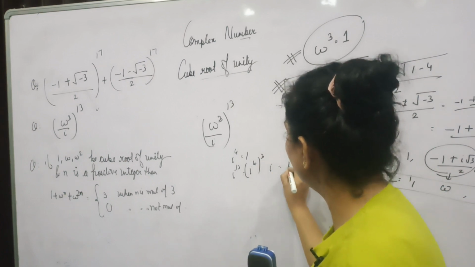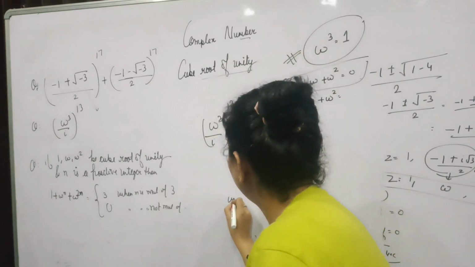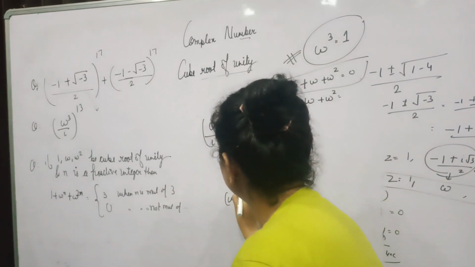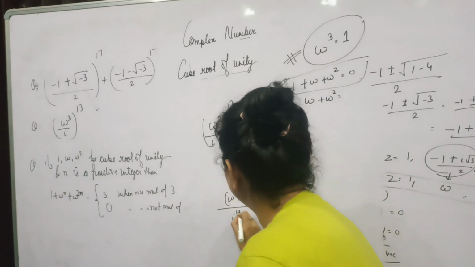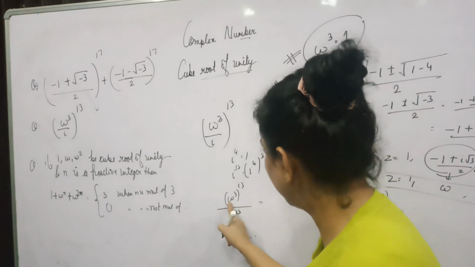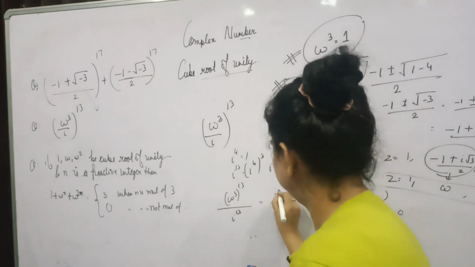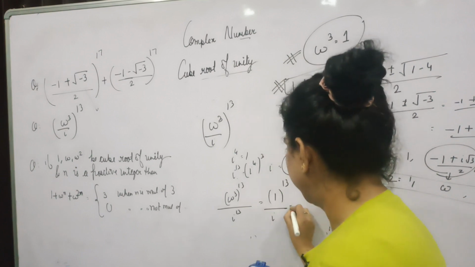This is equal to i. So we can write omega cube raised to power 13 upon i raised to power 13. We know i raised to power 13 is equal to i, and omega cube is equal to 1, 1 raised to power 13.